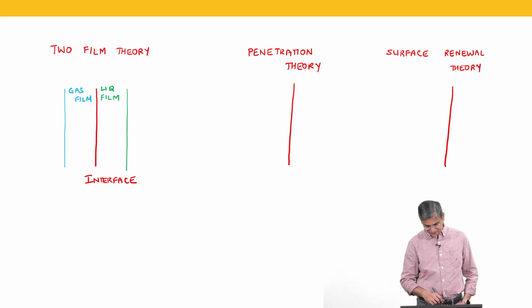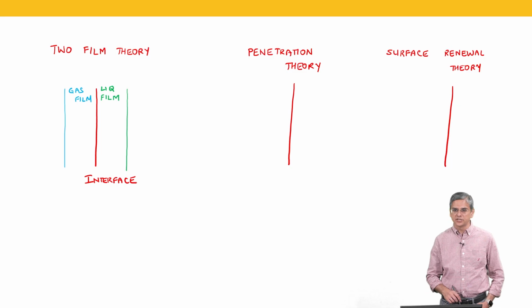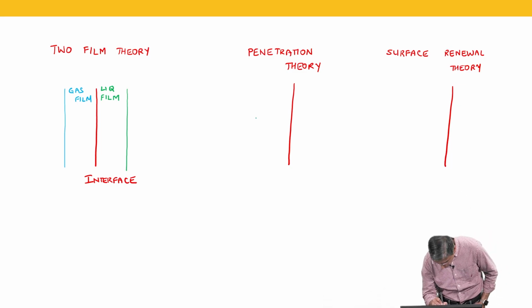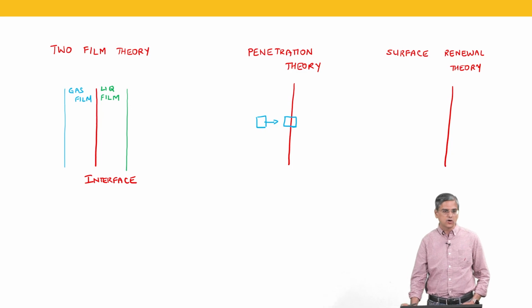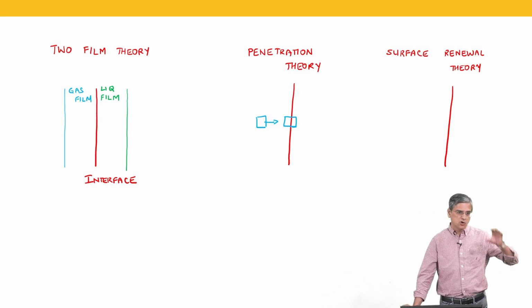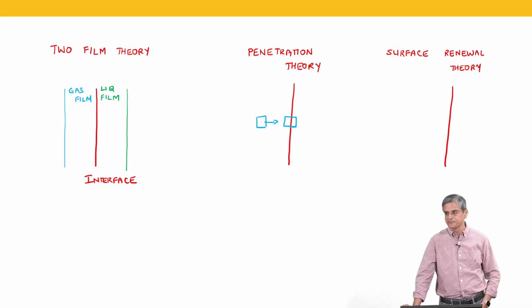Penetration theory basically talks about packets of gas that will go and penetrate into the interface, and because of this penetration of that packet of gas, the reactions take place.